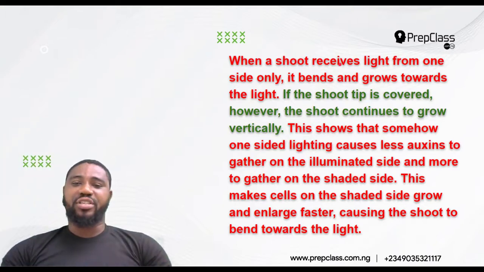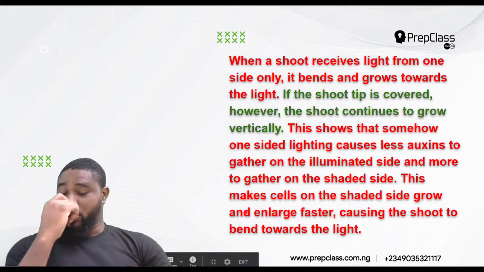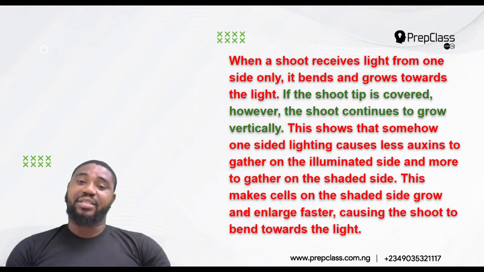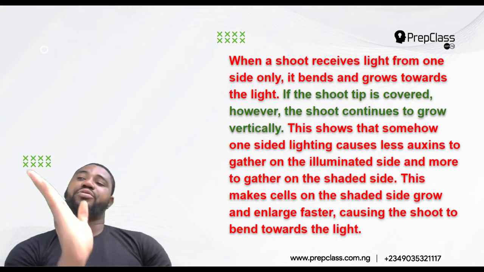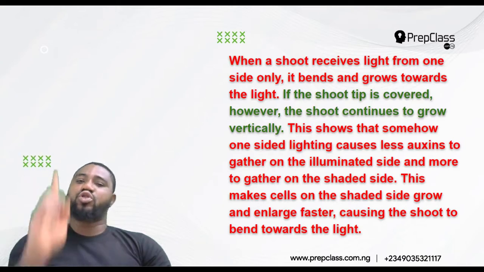When a shoot receives light from one side only, it bends and grows towards the light. But if the shoot tip is covered, the shoot continues to grow vertically. So if you leave the potted plant like that, it will grow towards the light. But if you cover the tip, it will grow straight.